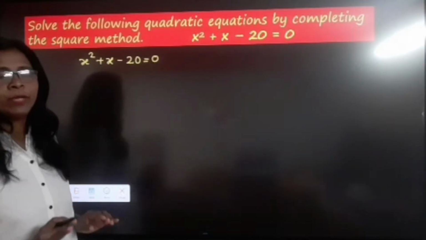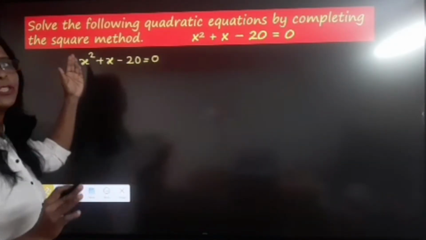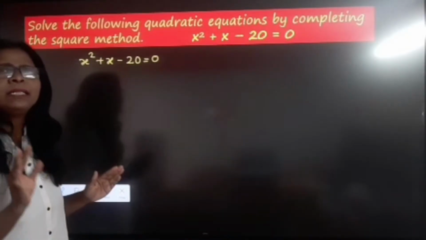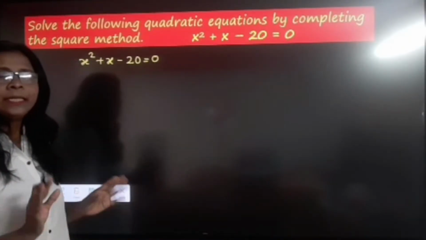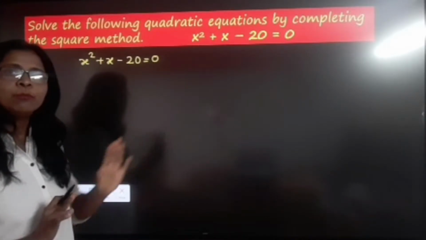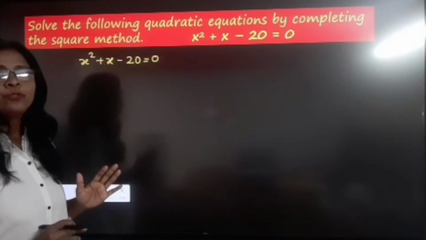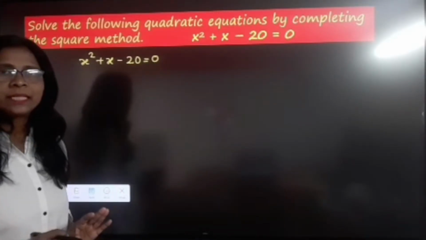Here, the coefficient of x square is nothing but 1, so the first step is carried out.